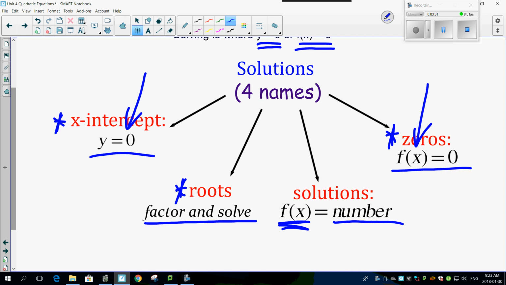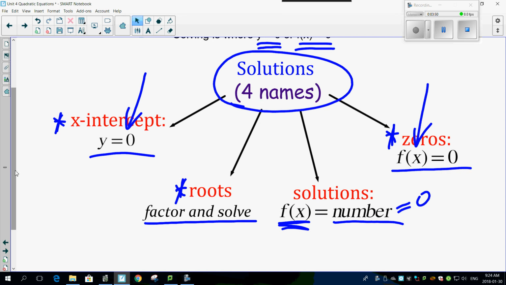That number could also be, guess what, 0. So solutions basically at this point in time has 4 names. You can call it a solution, an x-intercept, a root, or a 0. They all pretty much mean exactly the same thing, which is kind of weird. But I guess the name used just depends on the moment.